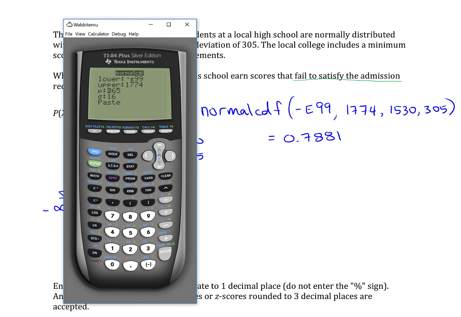So I'll put those in. And then the mu is the mean, of course, and sigma is the standard deviation. So it's just asking for the 4 values in a little bit more of an efficient manner than typing in a list separated by commas. But what it does in the end is it puts that list separated by commas on the home screen and calls the normal CDF function for you.